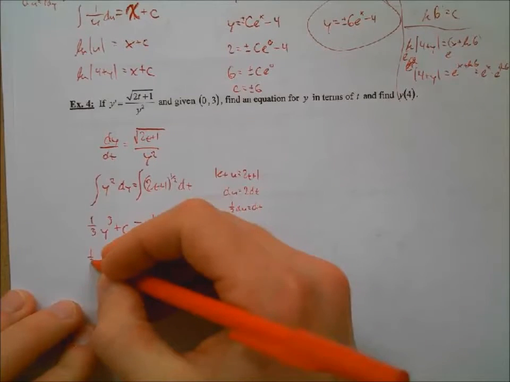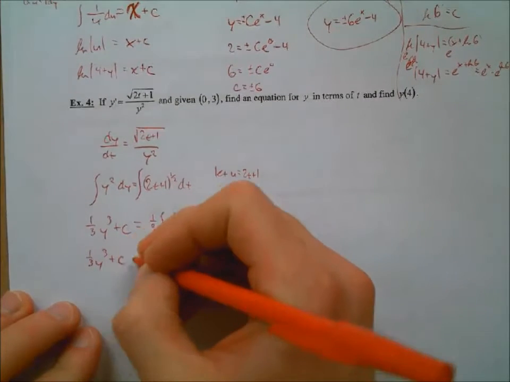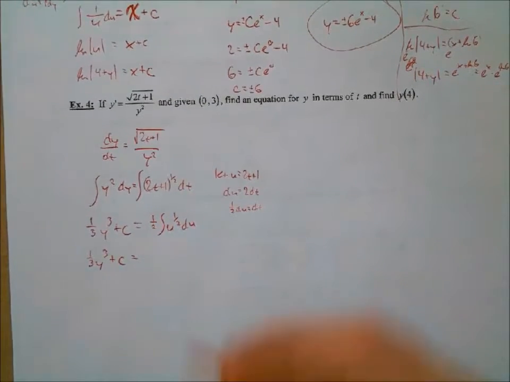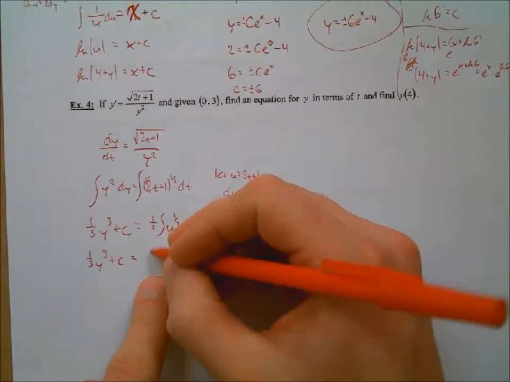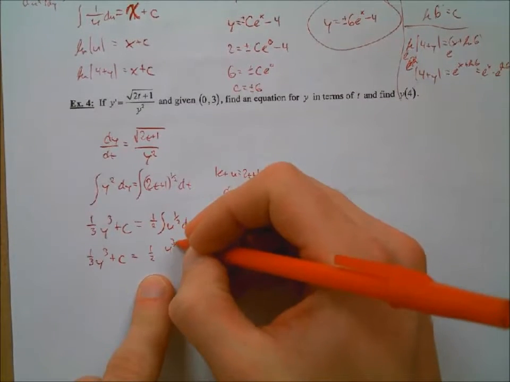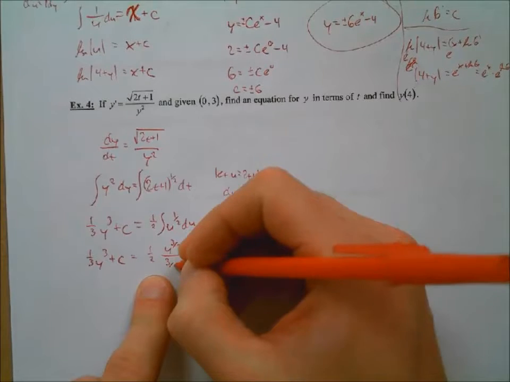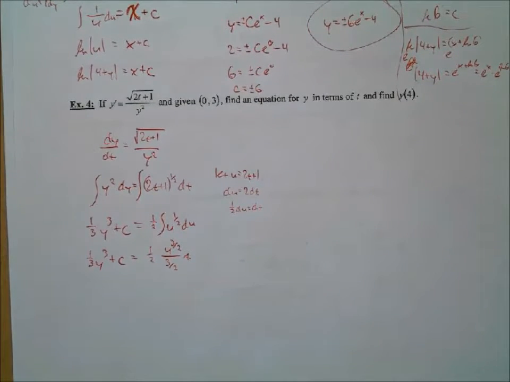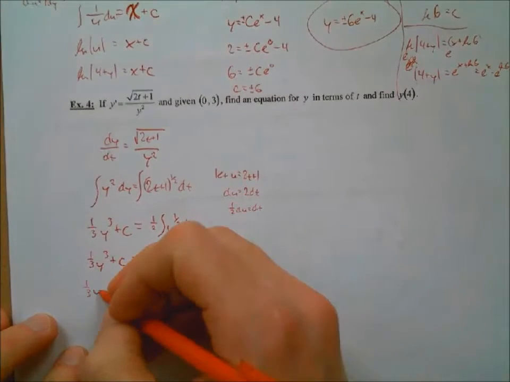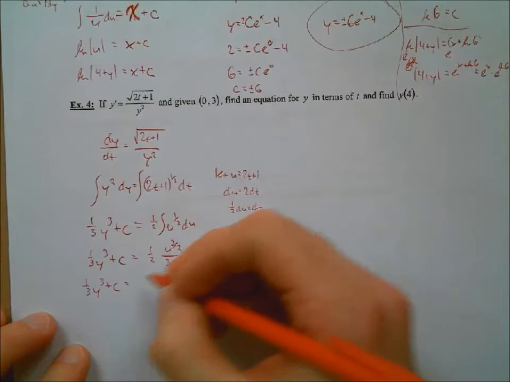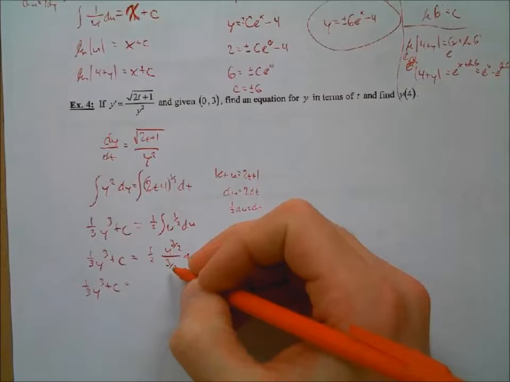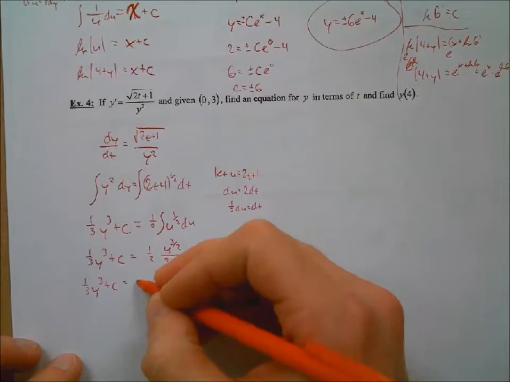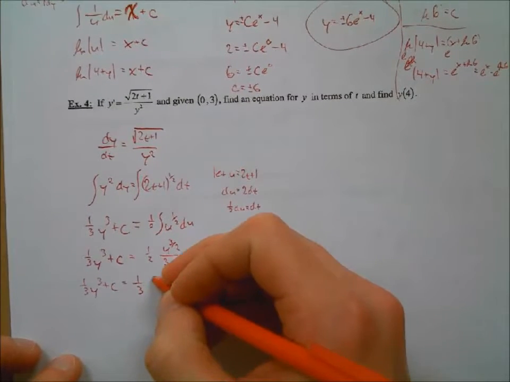Okay, so I'll continue with this. The integral of u to the 1/2 is u to the 3/2 over 3/2. I don't need to put the plus c there, so I'm not going to do that. Instead of dividing by 3/2, I'll multiply by 2/3. 1/2 of 2/3, though, is 1/3. And I'll resubstitute back in for my u.